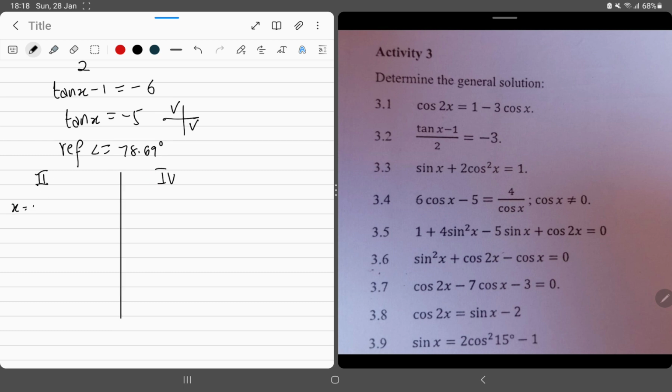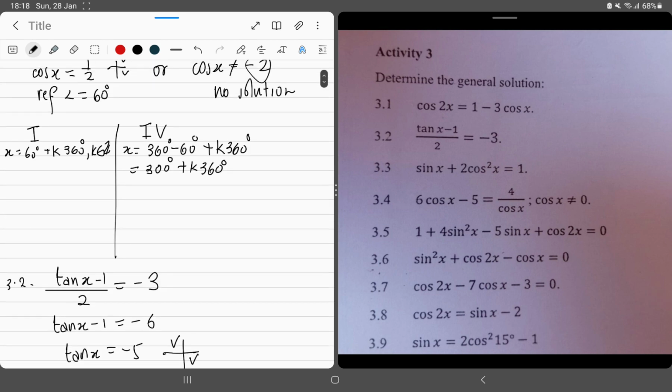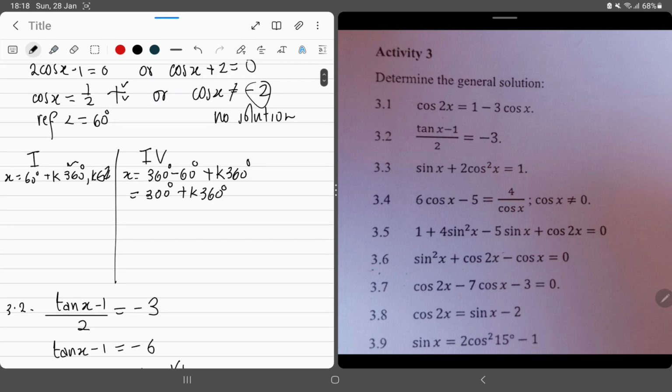In quadrant 2, this is going to be 180 degrees minus 78.69 plus k times 180 degrees, where k is an element of integers. You will notice that with tan, I'm using k multiplied by 180 degrees. I am not using 360 degrees.